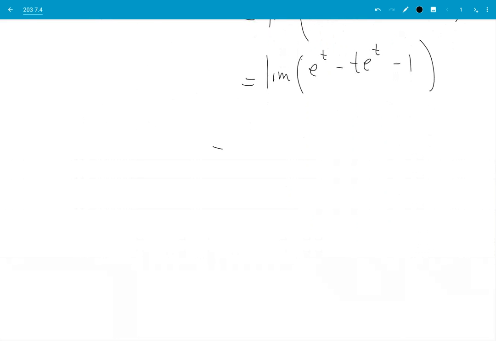Okay, let's be careful here and separate this into 3 pieces. The limit of 1 is just 1. The limit, now t is going to minus infinity.